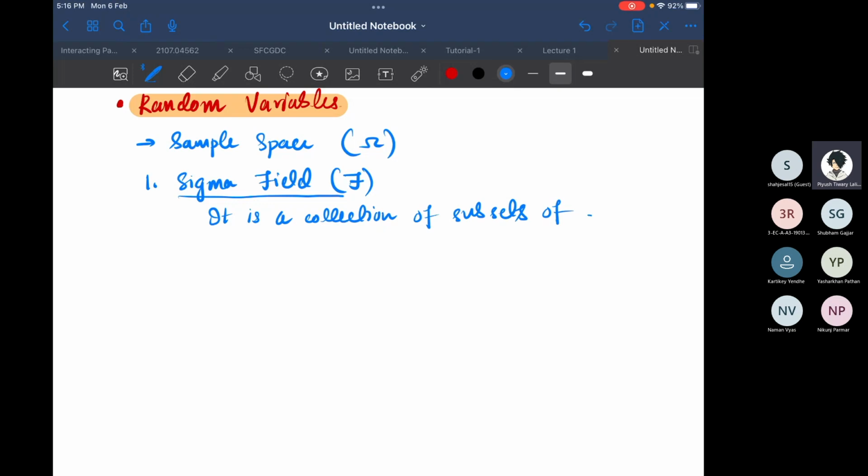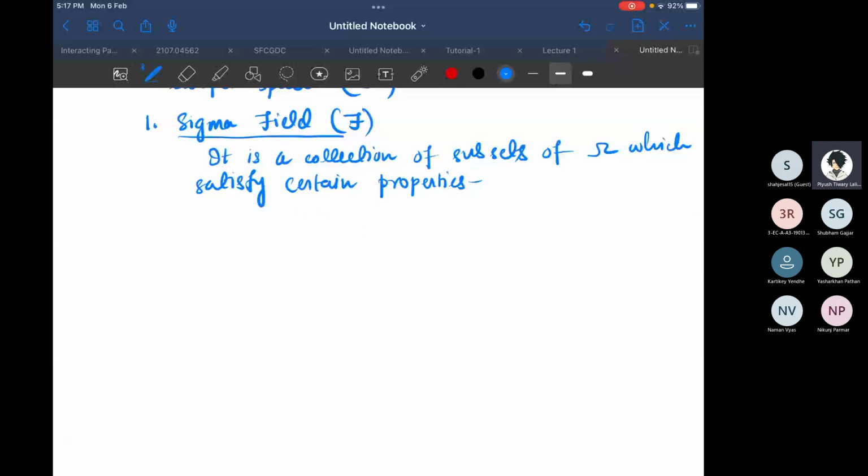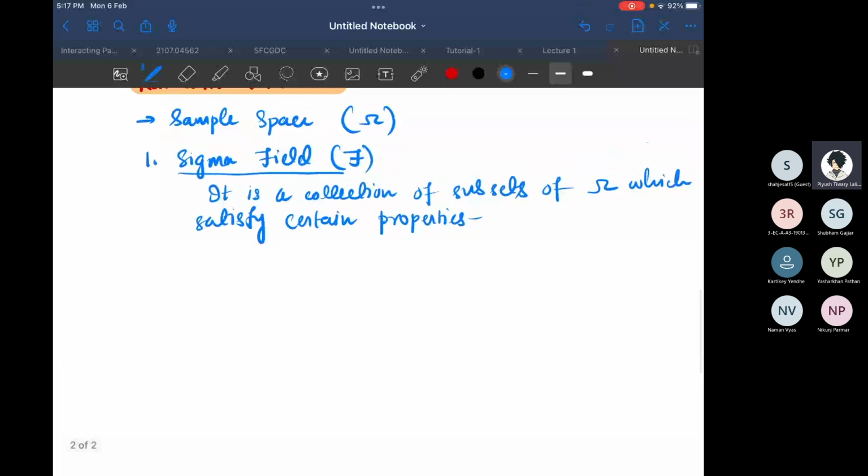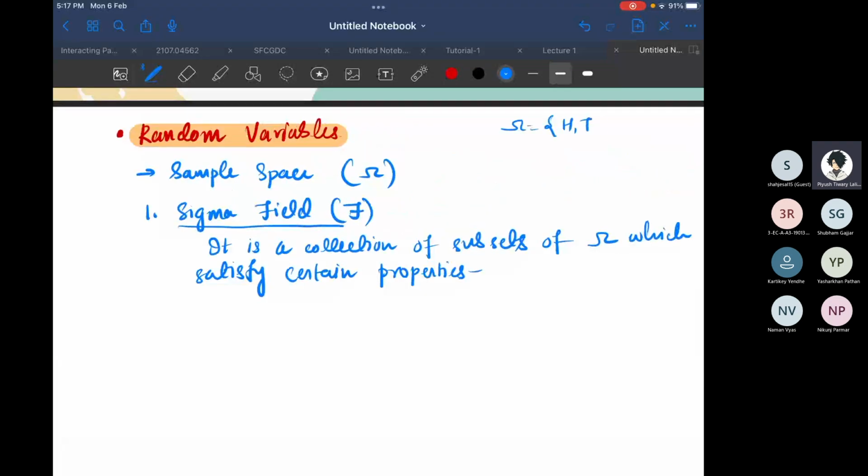We know what a subset is. Let's say your omega is H and T. If I create this set H which contains only a single element, this is a subset of omega. Similarly, tails is also a subset of omega, because we can see it here.